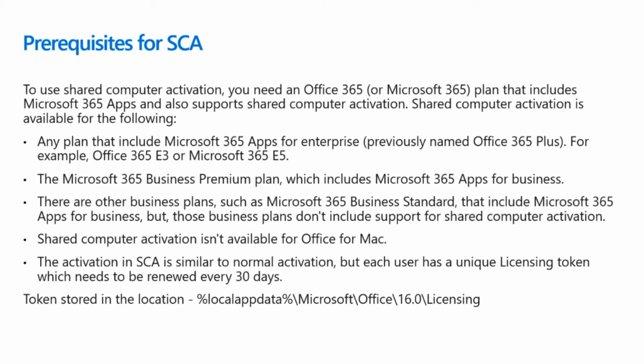But when it comes to shared computer activation, only Microsoft 365 apps for enterprise, and only E3 and E5, are supported. And in the Microsoft 365 Business Premium plan, which includes Microsoft 365 apps for business, this is the only business plan that is supported. There are other business plans like Microsoft 365 Business Standard, which also include Microsoft 365 apps for business, but this plan is not supported for shared computer activation.